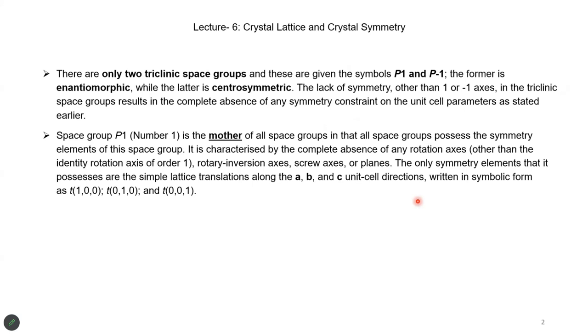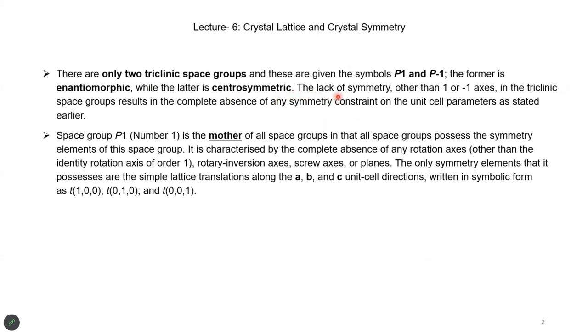So in the triclinic system, we have only two space groups. One is P1, another is P bar 1. I could not make the bar over there, so I write P minus 1. These two space groups, one is enantiomorphic, another is centrosymmetric.